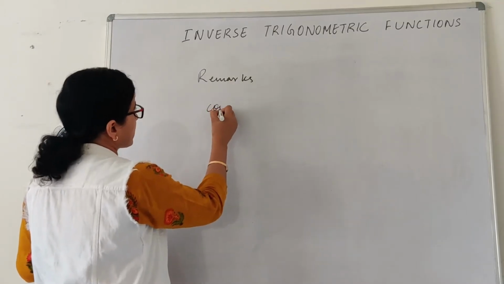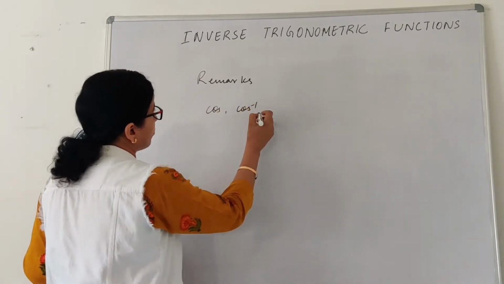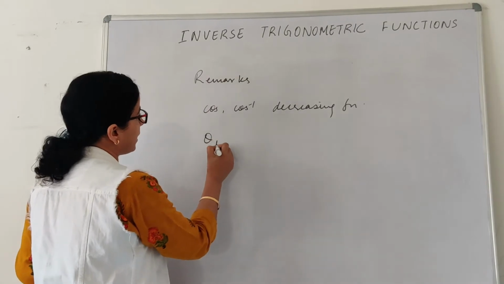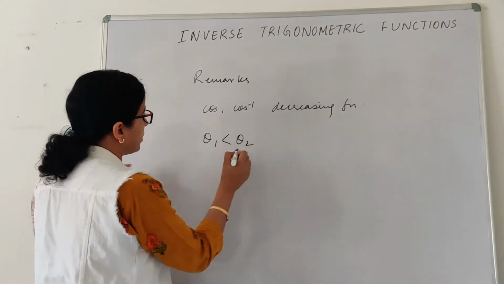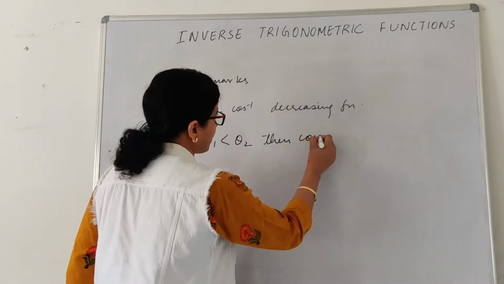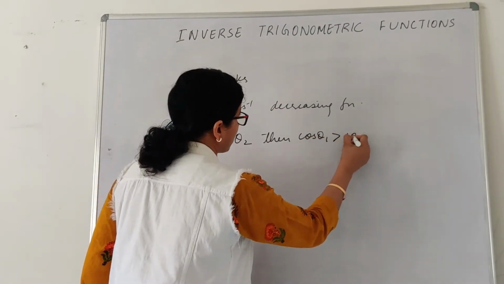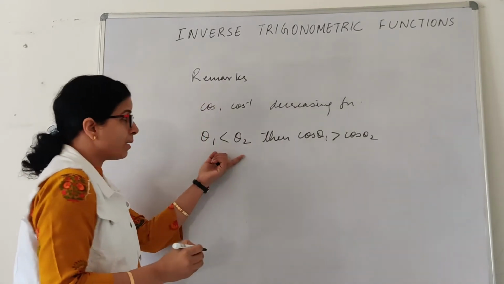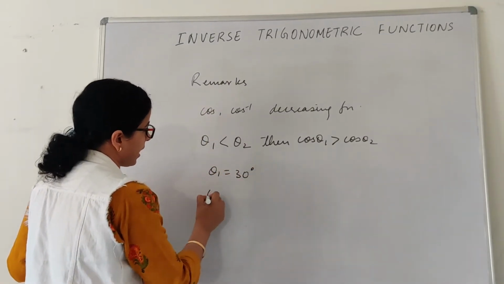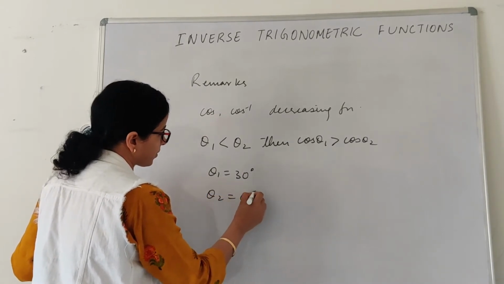My cos and cos inverse both are decreasing functions. If theta 1 is less than theta 2, then cos theta 1 will be greater than cos theta 2. See, check what I am telling. Say for example, my theta 1 is 30 degrees and theta 2 is 60 degrees.